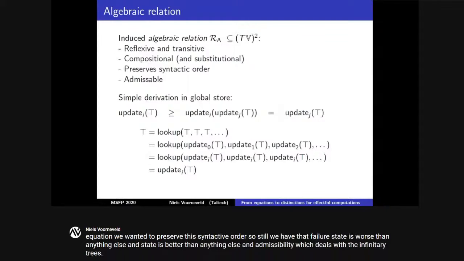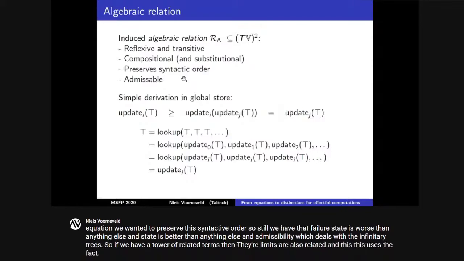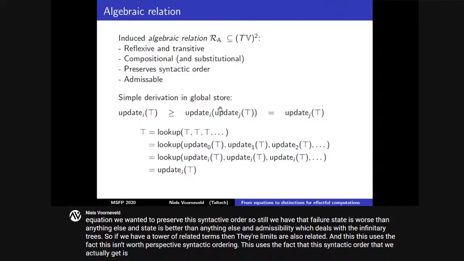So if we have a tower of related terms, then their limits are also related. This is with respect to the syntactic order, and it uses the fact that the syntactic order we actually get is omega continuous.